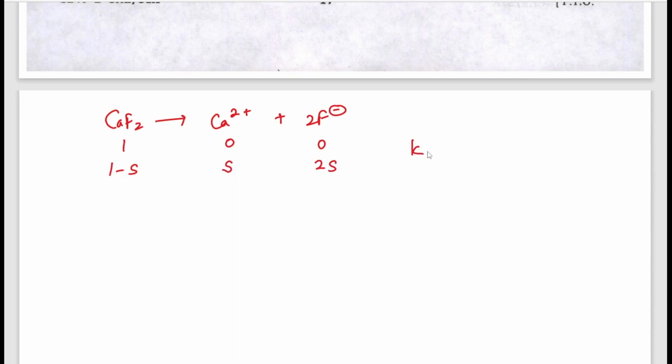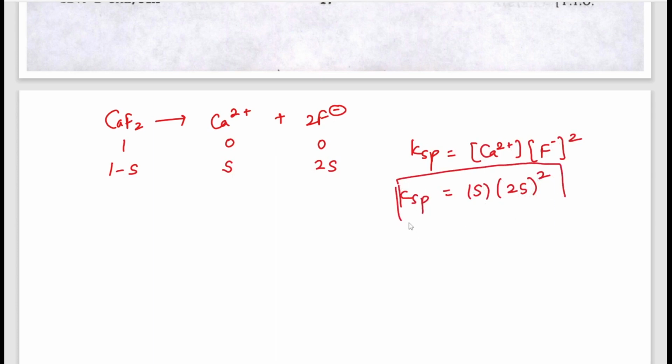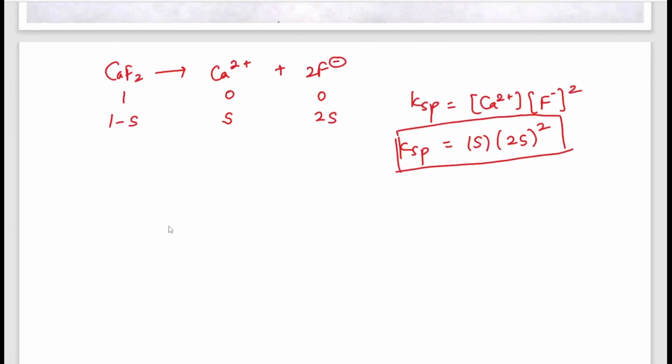So the solubility product will be the concentration of calcium 2 positive and fluoride squared. This will be S into 2S square. Clear? So this will be the solubility product constant.